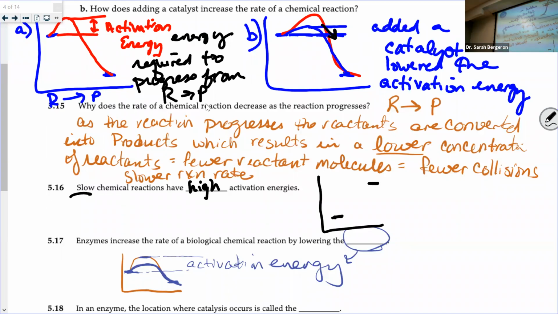Right? So we can't really just connect the dots. We want to just connect the dots, but what happens is you actually go up a little bit higher. And so your activation energy is right here to right here. So that's a lot of activation energy that you have to put in to make this reaction go. So it's going to go slowly.